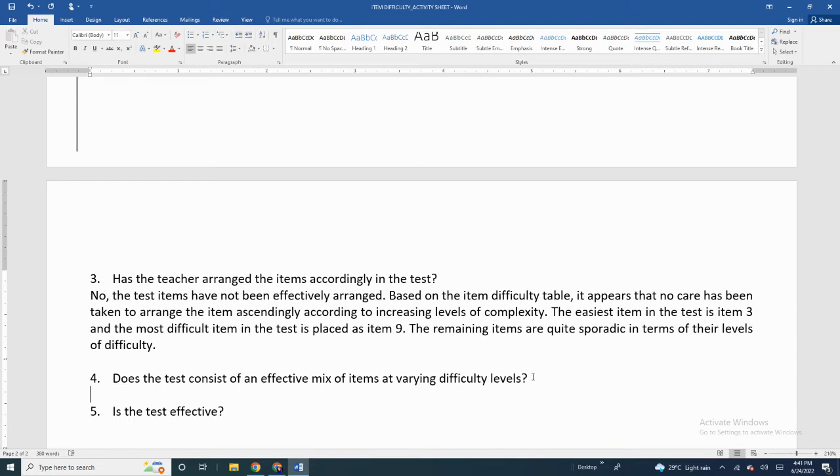If you have 10 questions, for example, you might target 3 items as easy, 3 items as difficult, and 4 items in the middle as moderate level of difficulty. Can we observe that in this table?